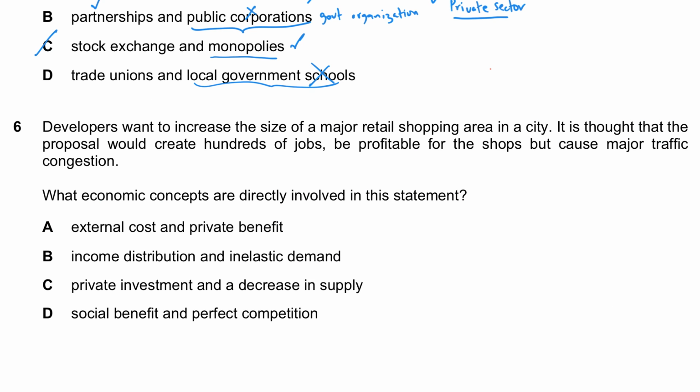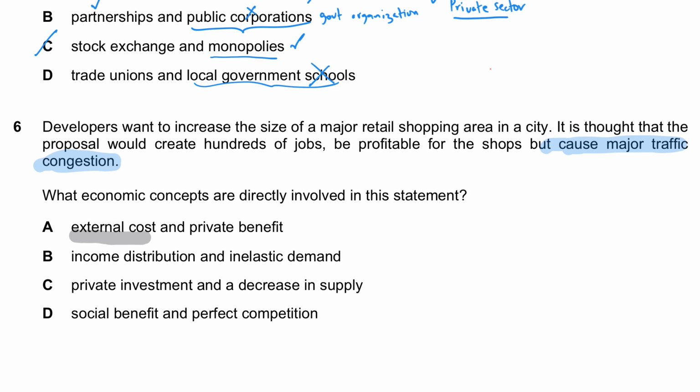The next question says, developers want to increase the size of a major retail shopping area in a city. It is thought that the proposal would create hundreds of jobs, be profitable for the shops, but cause major traffic congestion. What economic concepts are directly involved in this statement? Well, one thing is for sure, this is a project which is causing major traffic congestion. So clearly, major traffic congestion would mean that there is an external cost there.